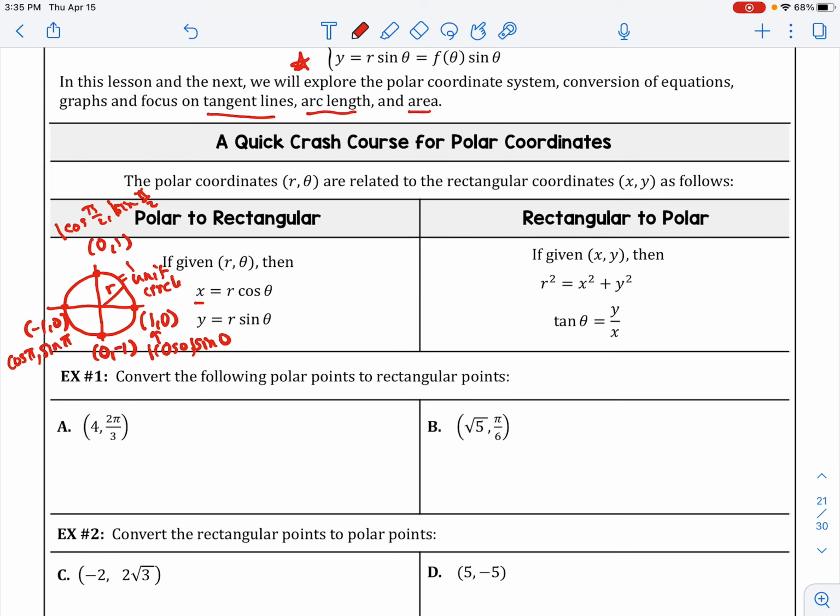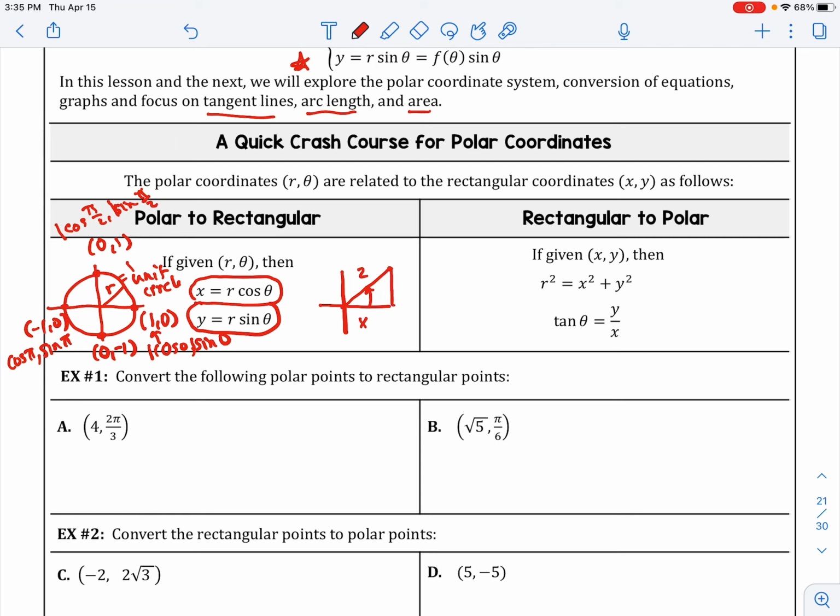So what I'm trying to have you understand is that your x value is r cosine theta and your y value is r sine theta. So that's going to be true just like that point we just had, pi over 4 and then go out 2.